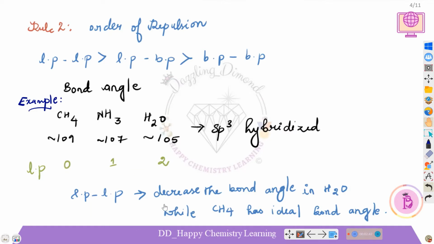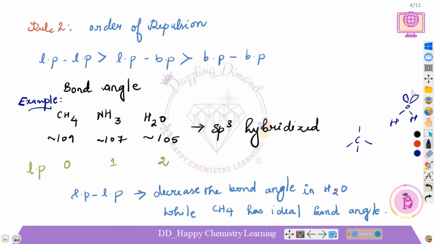Okay, as you know, the structure will be like this, right? CH4, and for H2O, you will have 2 lone pairs, right?